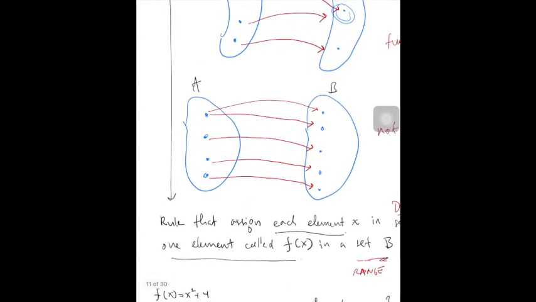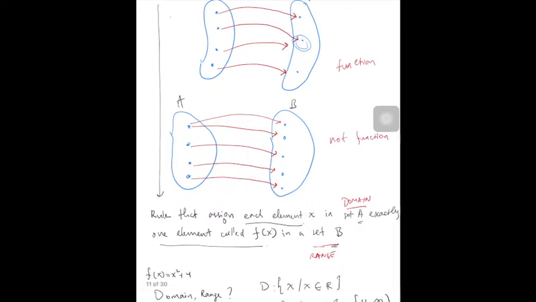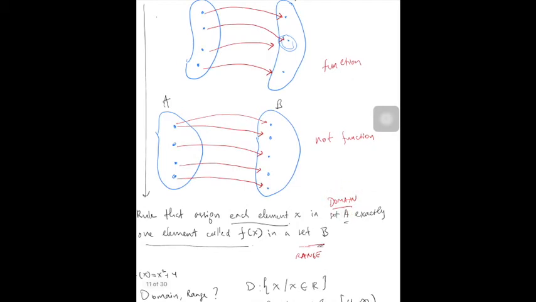So the rule will be function, okay? The rule that assigns each element, we say it's x, okay? In a domain, it's our A, okay? Exactly one element, f of x, in a set of B, we call it range, okay? So one element of x cannot have two elements in B. It must be exactly one element from A to B. Okay.